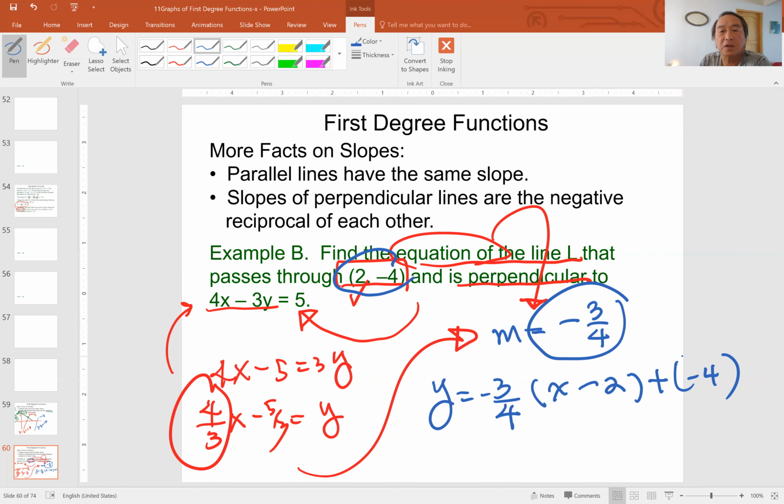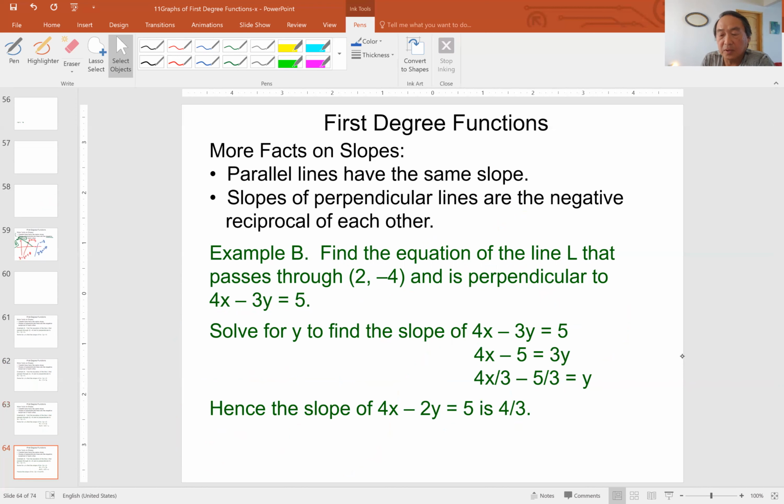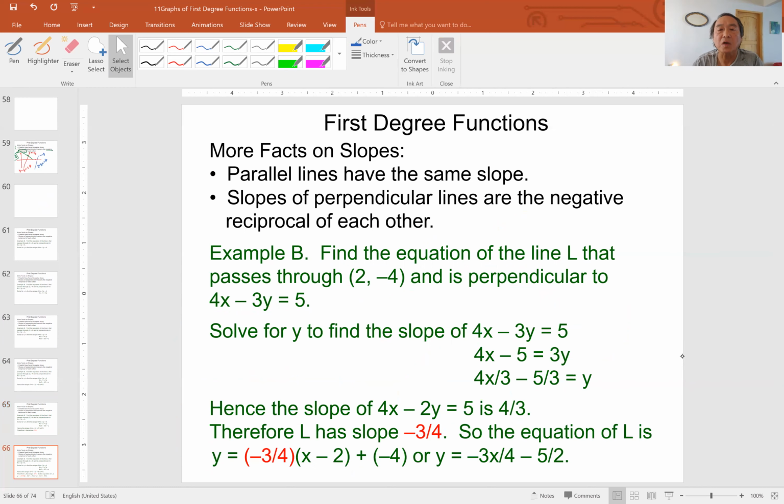So this is the equation that satisfies these conditions. Again, solve for y and I can extract the slope. Then I negate it and take the reciprocal. That's the slope I want for my line. And then I can use these to build the equation for my line.